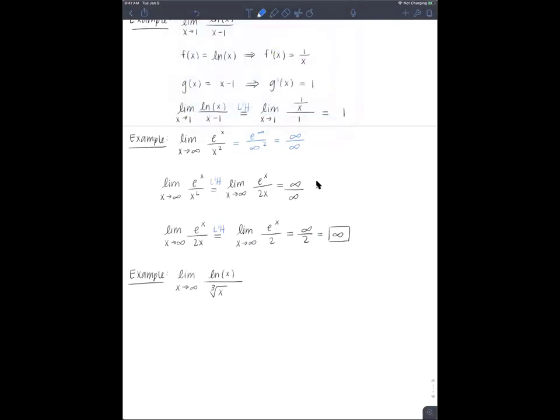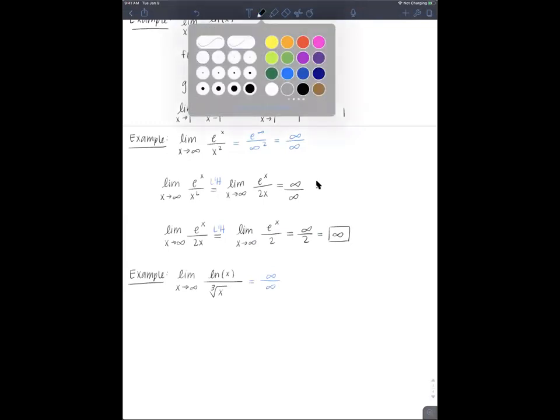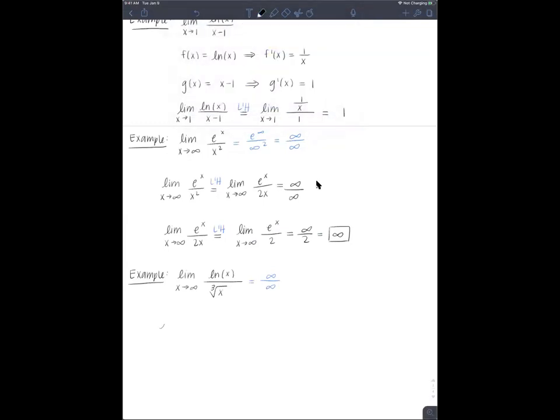And so I need to use L'Hopital's rule. The limit as x approaches infinity of ln x over the cube root of x is going to equal the limit as x approaches infinity of 1 over x, and then what's the derivative of that cube root of x going to be?